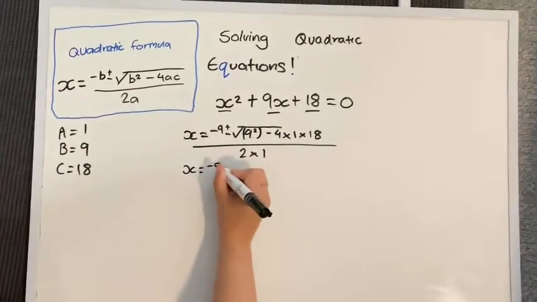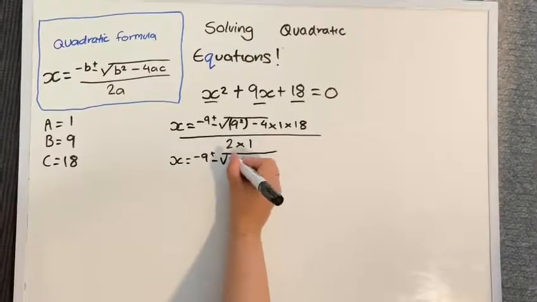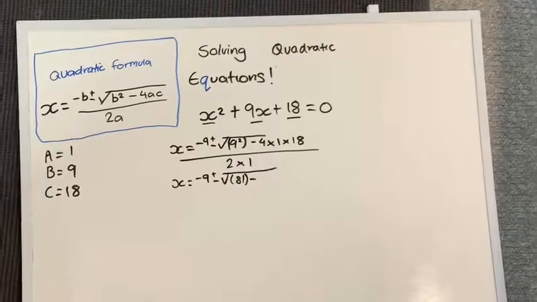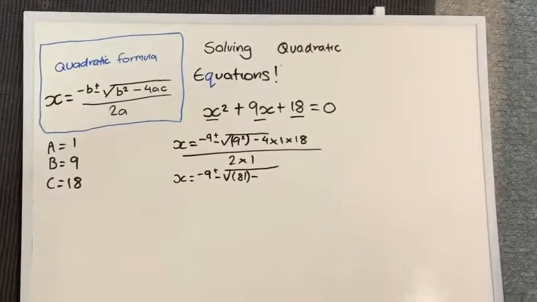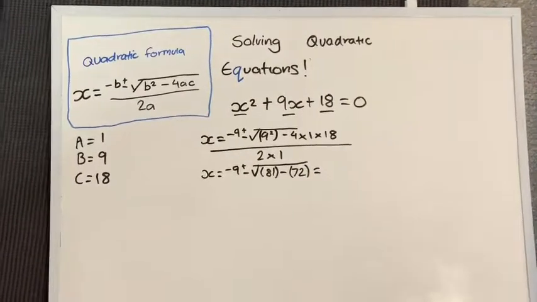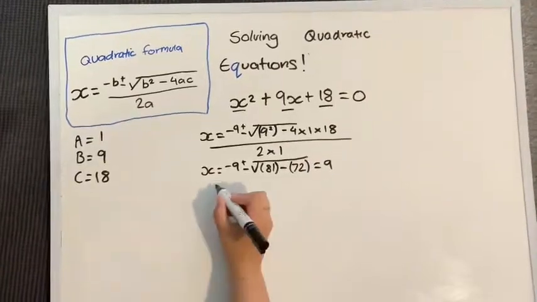Next, we will start breaking down this formula and start solving some of the things that we have in it, like our 9 squared. That will leave us with 81, and then we find 4 times 18, which is 72, and we do 81 take 72, which is going to leave us with 9.